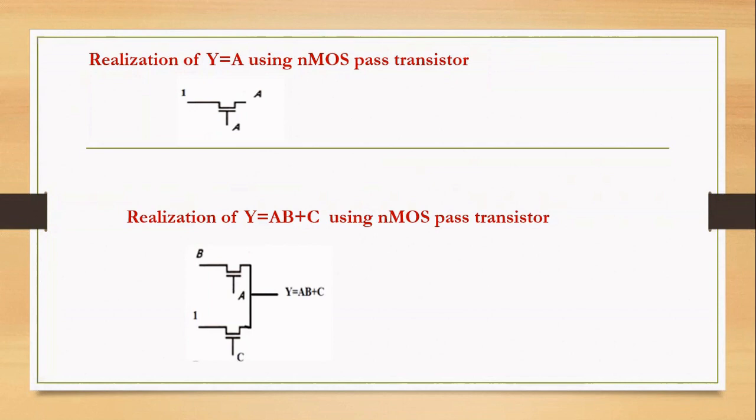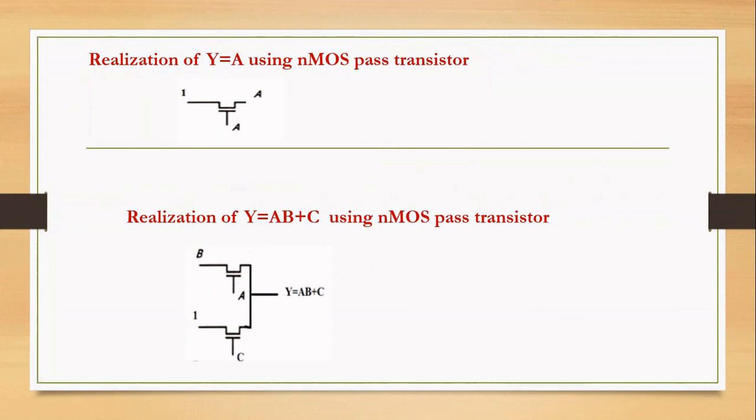In the next example, I'm trying to implement the logic expression Y is equal to AB plus C. So there is one sum term and two product terms. For each product term, we can use a pass transistor. In order to get A dot B, we'll use one pass transistor.